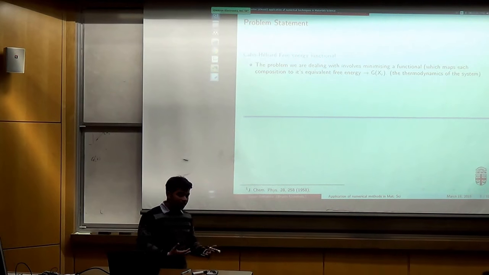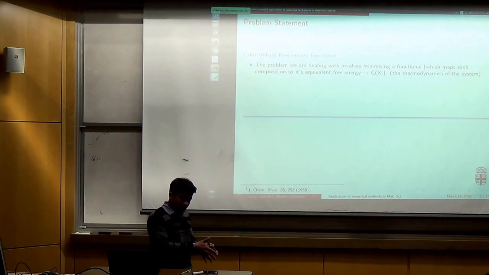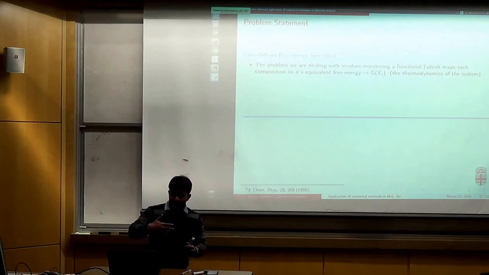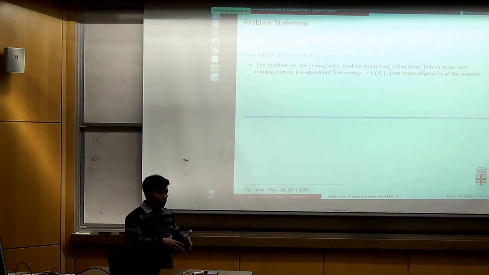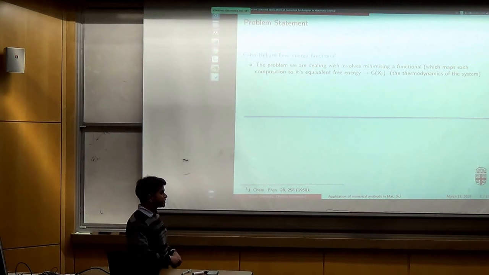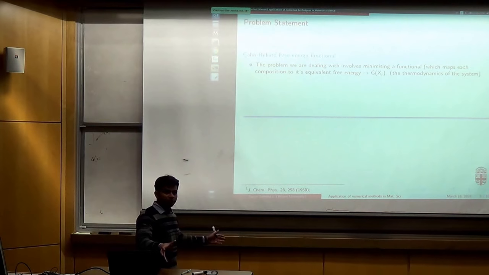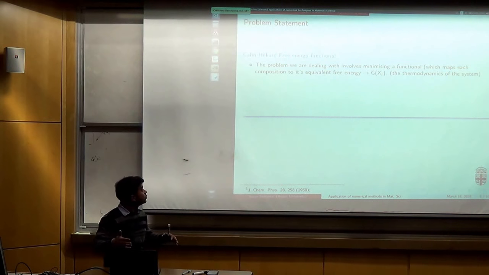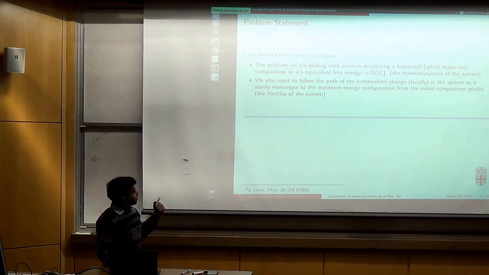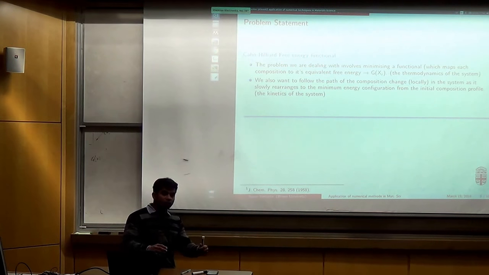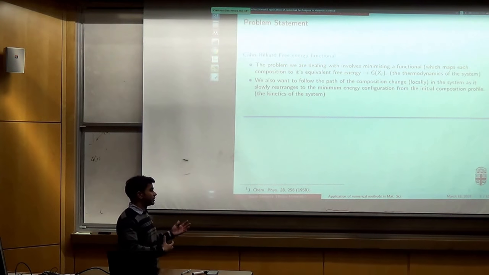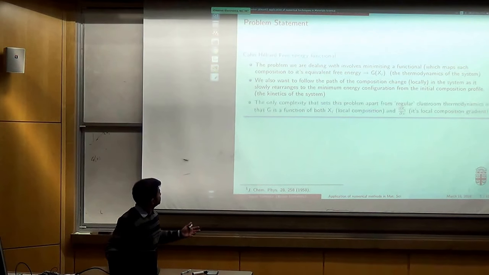But what we want to find is that, say we had initially given a composition which is all homogeneous, how that homogeneous composition breaks down, the correct technical term here is phase separates, into the system which gives us the minimum free energy. So that's what we want to follow, the kinetics of the system, how the elements rearrange themselves in such a way that we get the minimum free energy.